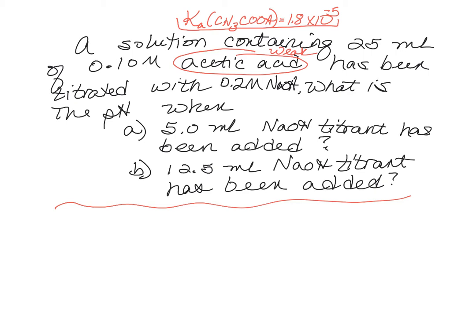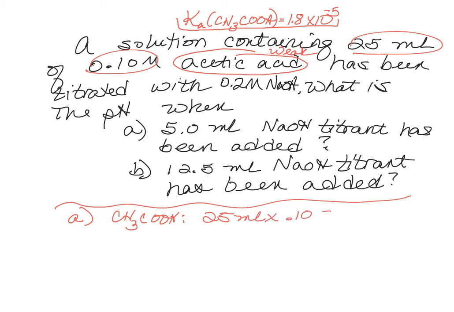But if it's a weak one, you're going to be in for multiple step calculations. So acetic acid is one of the weak acids, and once you identify it as weak, figure out quickly how many moles of the analyte and the titrant you have. That's just multiplying volume times molarity. For both parts, the acetic acid moles are 25 mL times 0.10, so we have 2.5 millimoles of the acetic acid that we are titrating.